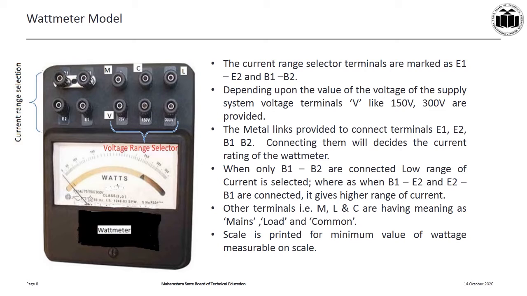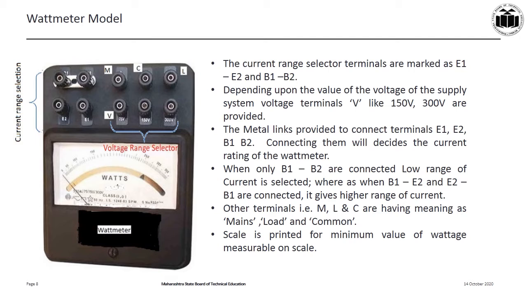When loads of different current ratings like 5 ampere, 10 ampere, 15 ampere, etc. are connected in an electric circuit, to choose between the available current ranges, the user has to connect terminals E1, E2, B1, B2 by using metal links.